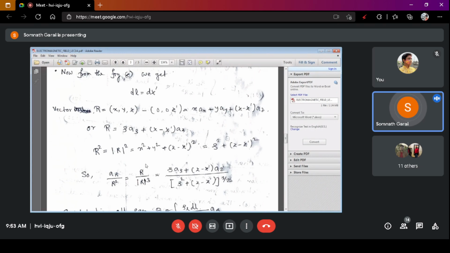So aR by R square is, as we proved earlier, equal to R by mod R cube. If we represent it in cylindrical coordinate format, R will be rho a rho plus z minus z dot into az, that is R, right?